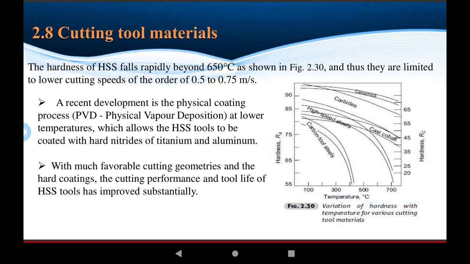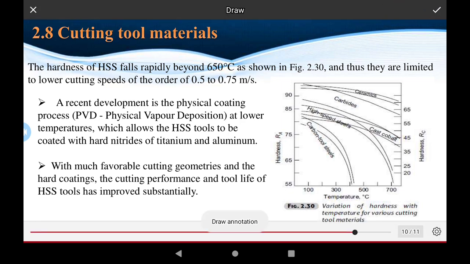A recent development is the physical vapor deposition process (PVD). Physical vapor deposition is done at a lower temperature, which allows the HSS tool to be coated with hard nitride of titanium and aluminum.